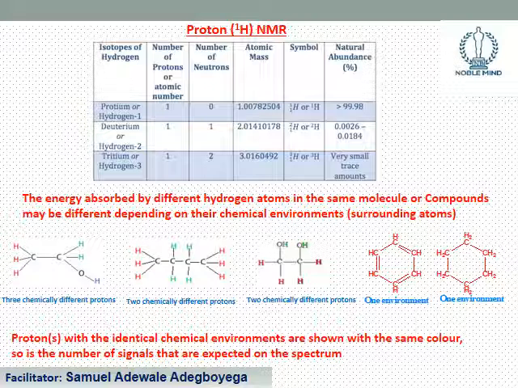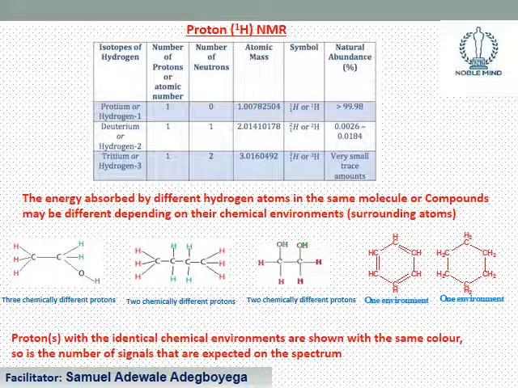And let's go to their natural abundance. You could see that the proton or hydrogen 1 covers greater than 99.98% of all the isotopes of hydrogen.